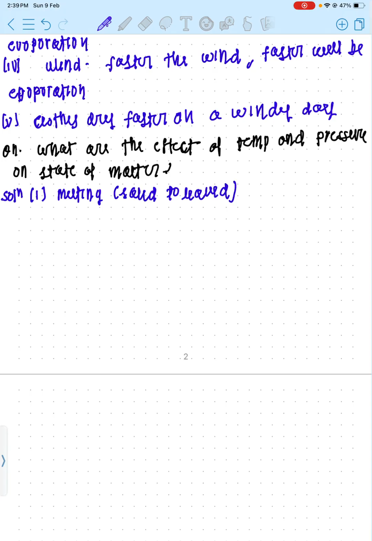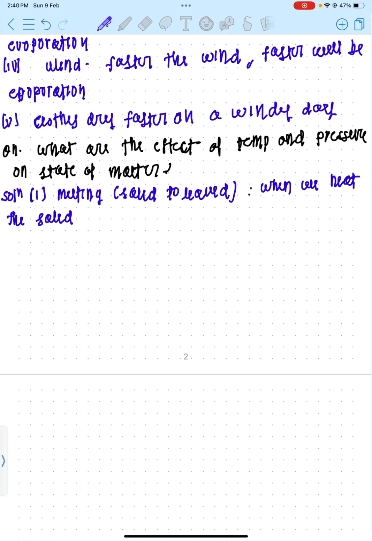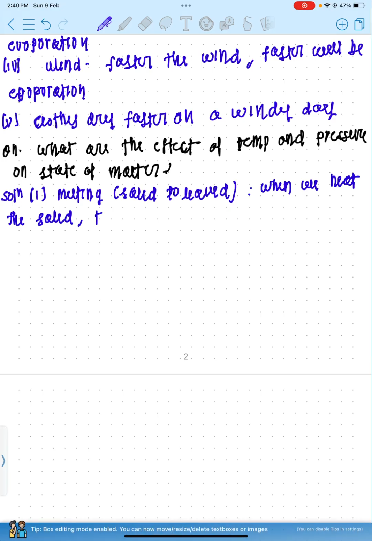Okay, so what happened? When we increase the temperature, or when we heat the solid, the molecules gain energy.